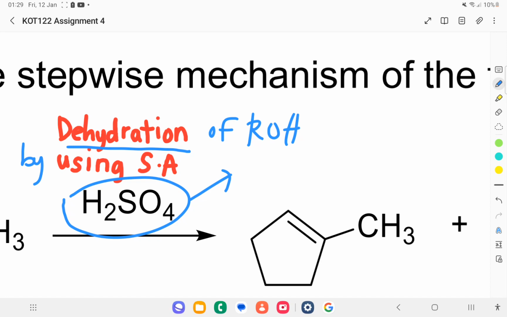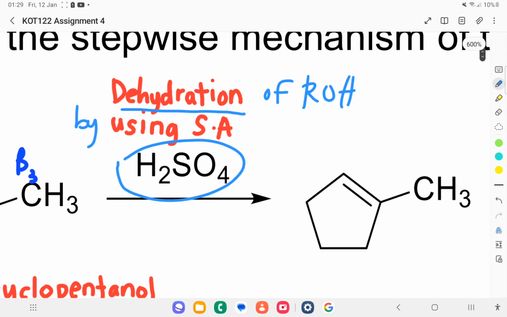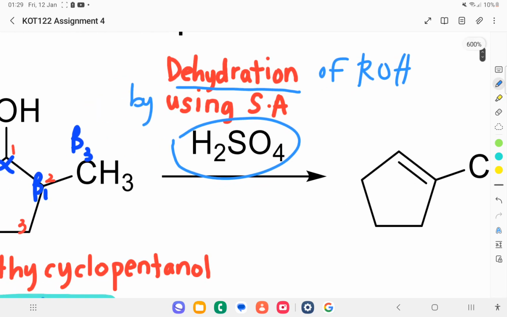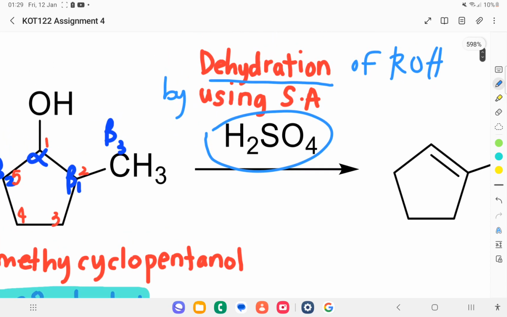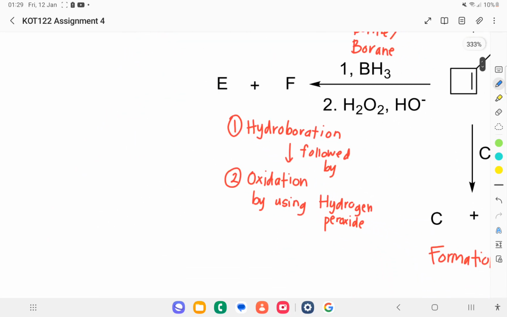I just mention that another reactant is para-toluenesulfonic acid. Para-toluenesulfonic acid is also a type of strong acid that can be used to undergo dehydration of alcohol. Then we proceed with the mechanism.